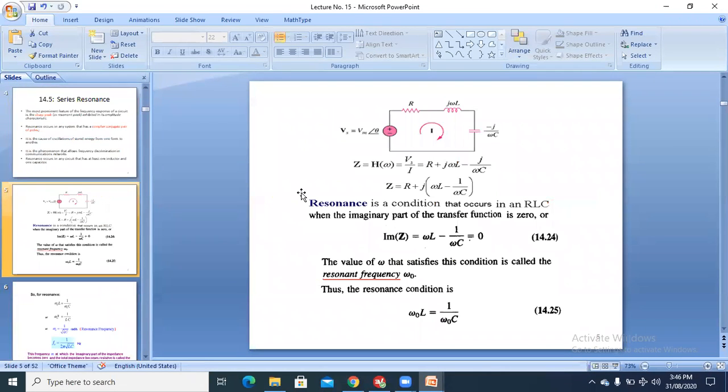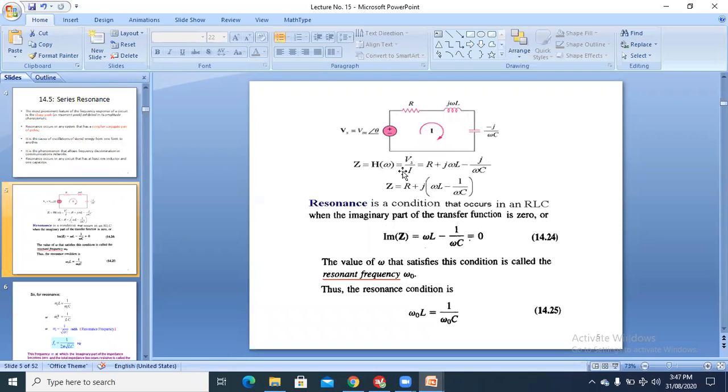So we have learned that the response of the RLC circuit is in the form of impedance, or in the form of admittance when the R, L, and C components are in parallel.